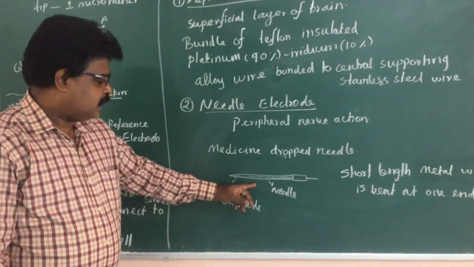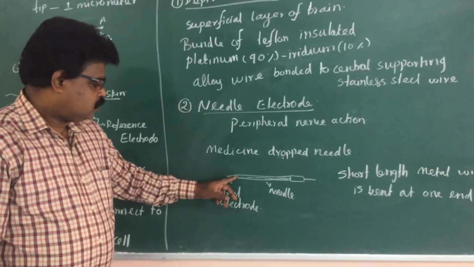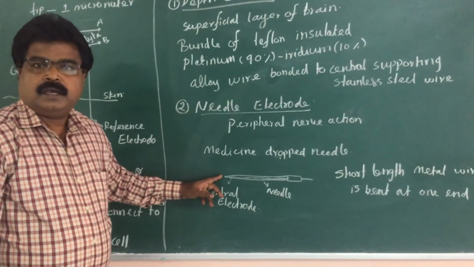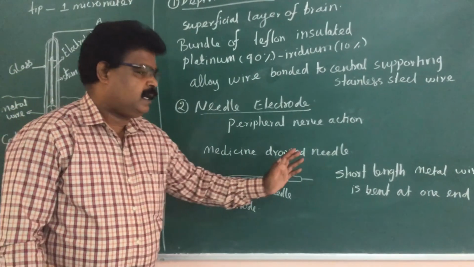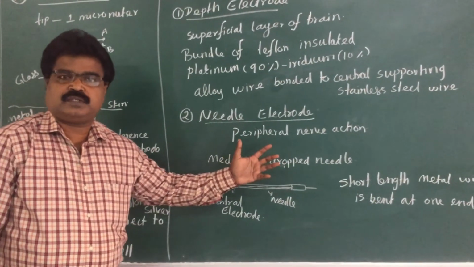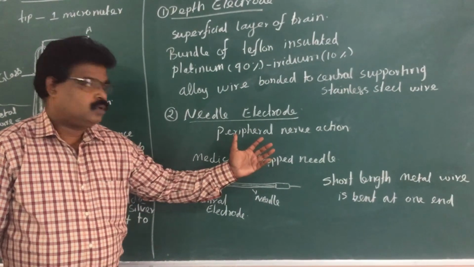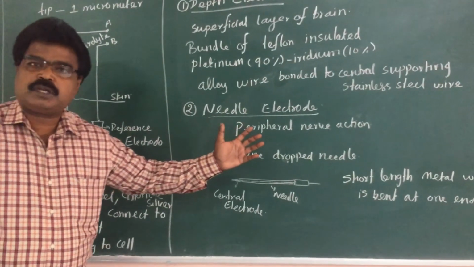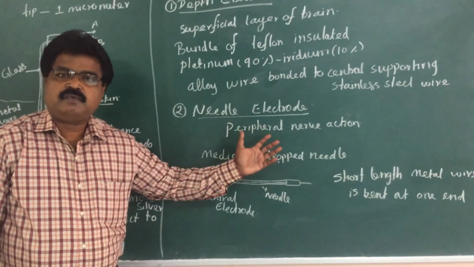So this is the central electrode, inserted into the muscles while the needle is taken back. These are the needle electrodes, used to measure the bioelectric potential of a localized area of muscles.